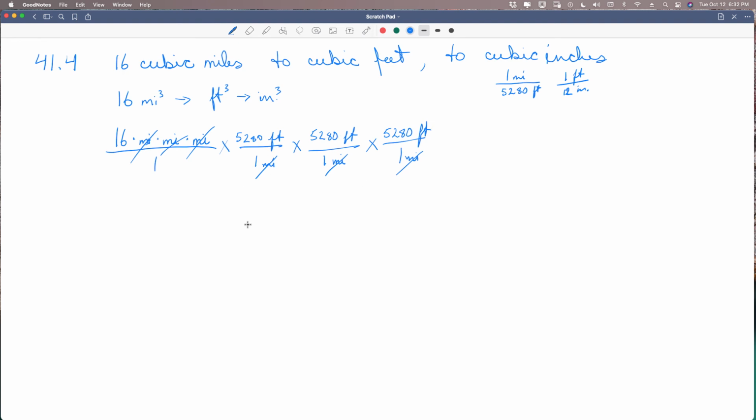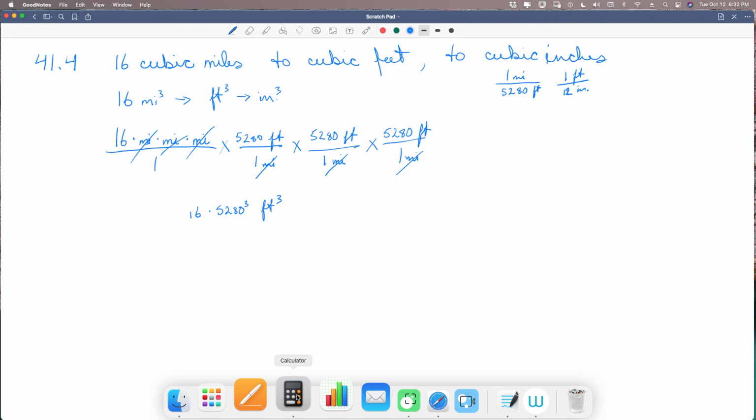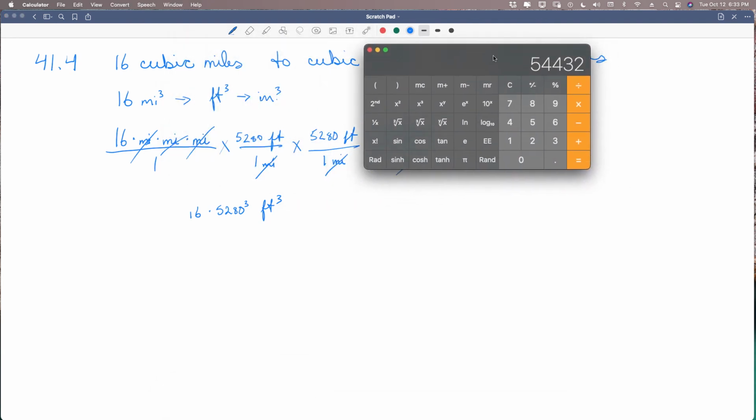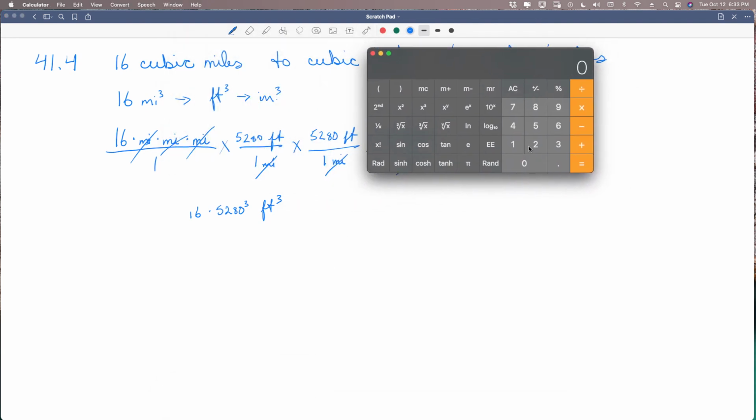So we have 16 times 5280 cubed, because we have 1, 2, 3, and then that's feet cubed. So what I'm going to do, pull up my calculator, and I'm going to say 5280 cubed times 16.